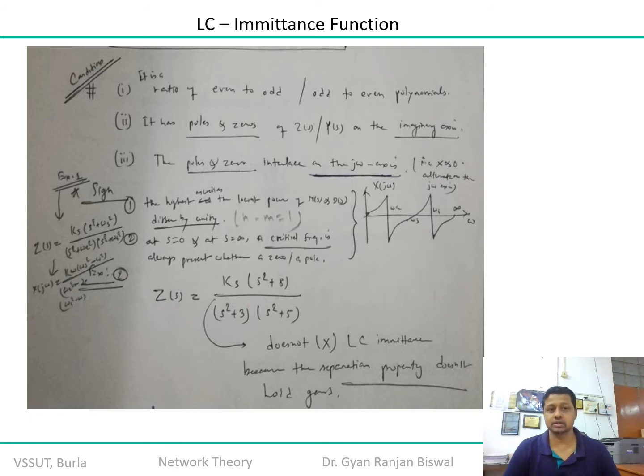That will not satisfy the essential signatures, or three essential conditions, that define the characteristic of any LC impedance function. From the GATE point of view, or any competitive examination point of view, it is a short signature that there is no pole at the origin as far as LC impedance functions are concerned. Be noted this, because you will compare this characteristic with RC or RL functions at a later stage.